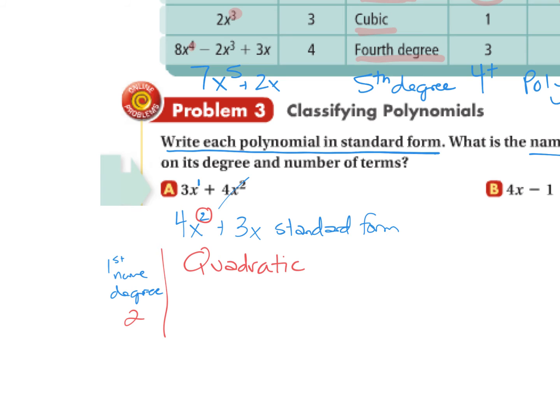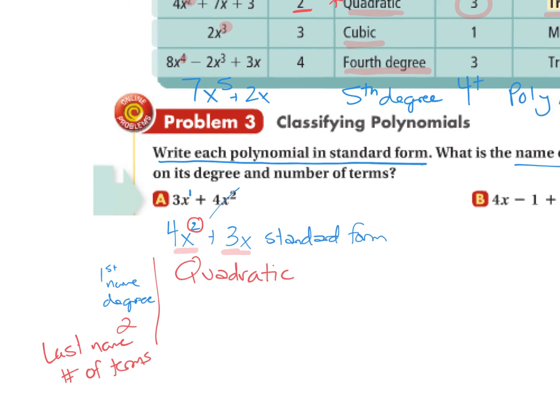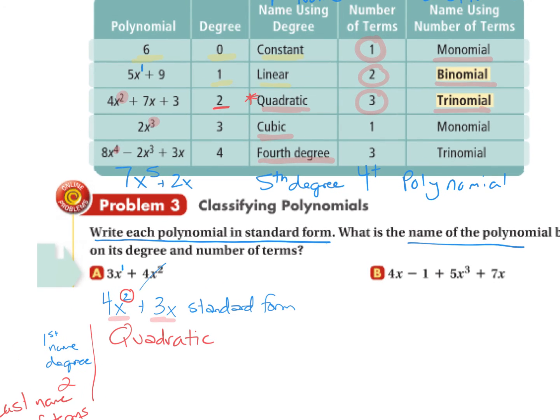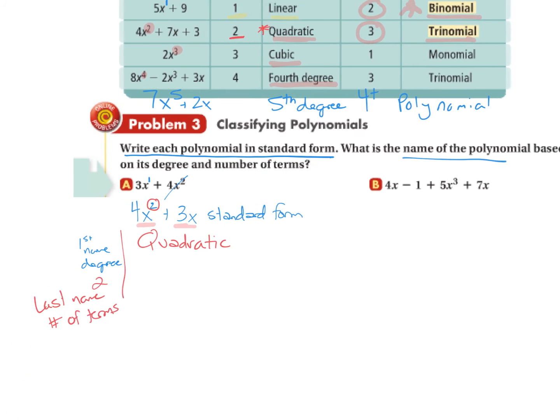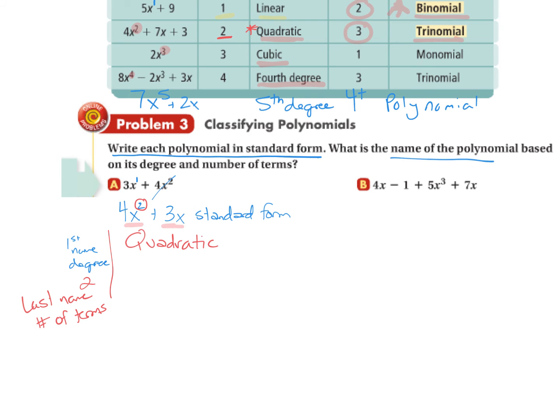And then the last name is the number of terms, or the number of things we're adding together. I have 2 terms. So again, if I look up at the chart, 2 terms is called a binomial. So guys, this is going to be called a quadratic binomial.